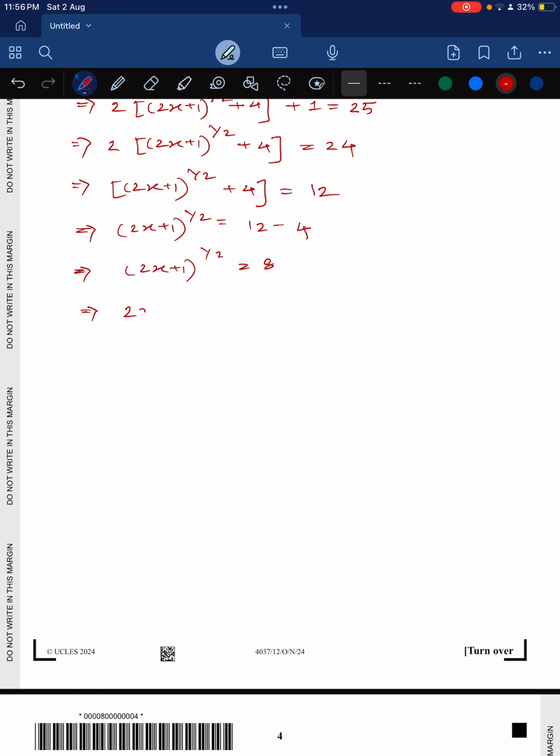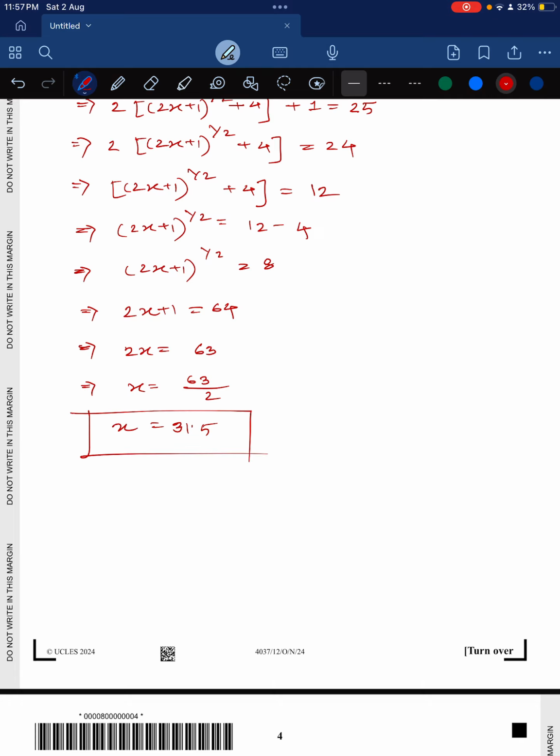It should be 2x plus 1 is equal to 64. So 2x is equal to 63. So x should be 63 over 2, or in decimal, 31.5, the value of x.